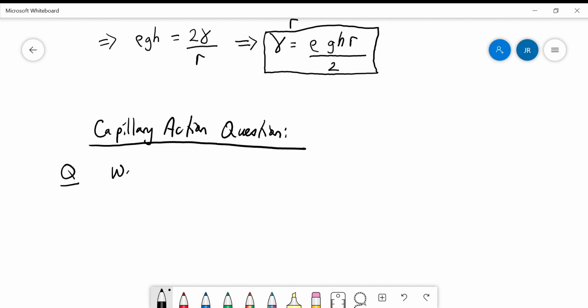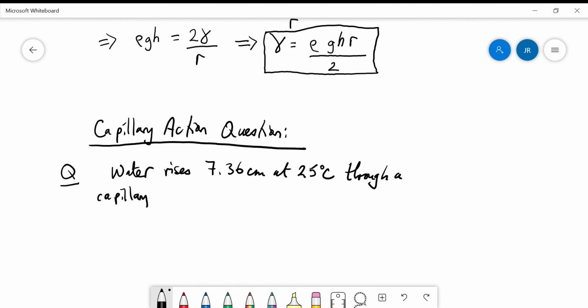Okay, so we're told that water rises 7.36 centimeters at 25 degrees Celsius through a capillary tube of radius 0.2 millimeter.